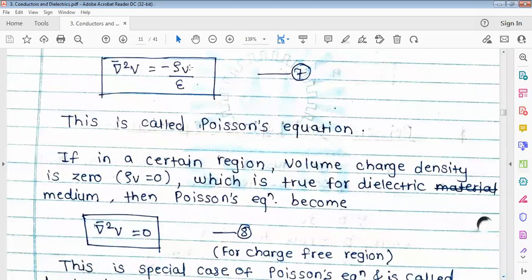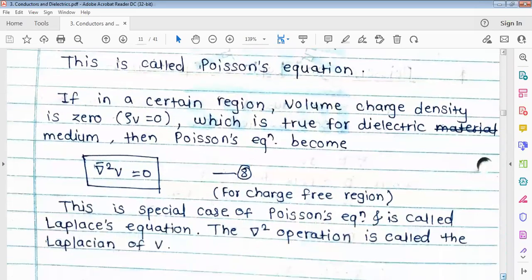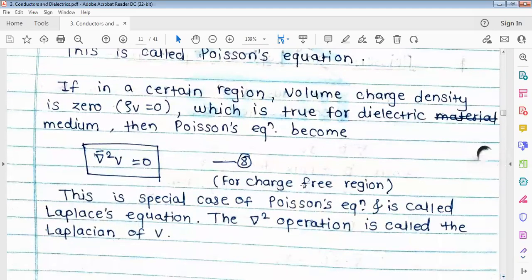Remember, the Poisson's equation is del square v is equal to minus rho v upon epsilon, but for the Laplace's equation, the right hand side is equal to 0, and sometimes they ask examples also. So this is a special case of Poisson's equation and is called the Laplace's equation. The del square operation is called the Laplacian of v.